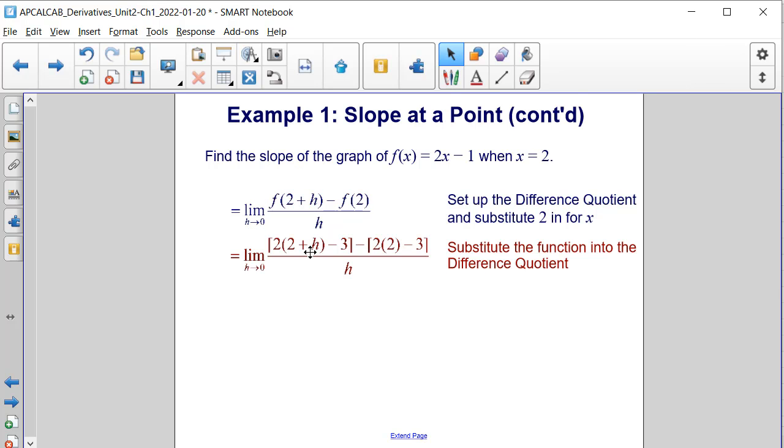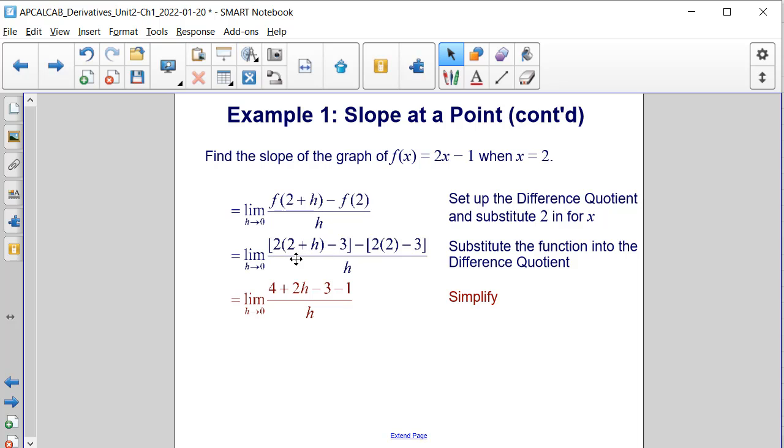The next step is to substitute our 2 plus h and our 2 into the actual function where the x occurs. So we have 2 times 2 plus h minus 3, and then we're going to subtract 2 times 2 minus 3. And then again, we're all going to divide it by h, and we're finding the limit of this as h approaches 0.